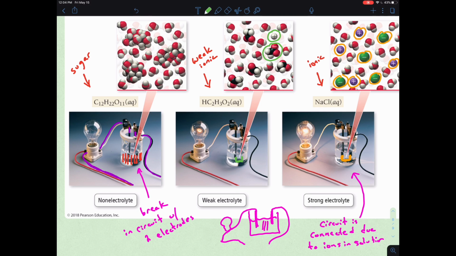And you can see that with the light, essentially having no light with the sugar on the left. When we just have a few ions in solution, we get conductance, but the light is dim, and that would be the acetic acid in the middle. And then on the right, we have full ionic solubility, and so we see the light being very, very bright.